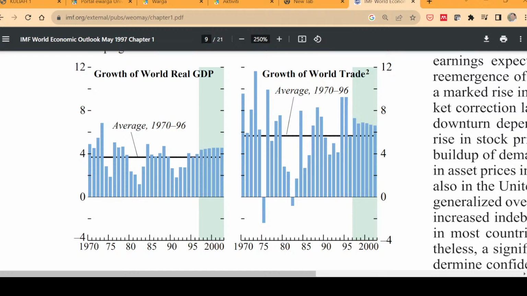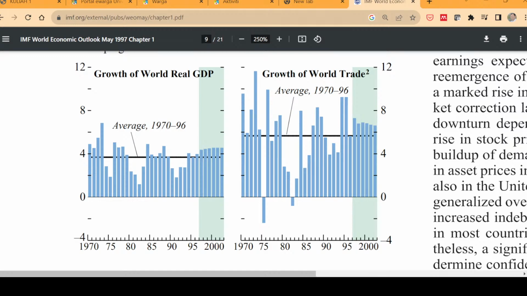Lower the rate of growth, a decrease in the rate of growth of world trade or international trade, the lower will be the growth of the world economy. So trade is the engine. Trade good, world economy is good. Trade is bad, world economy is going to be bad.